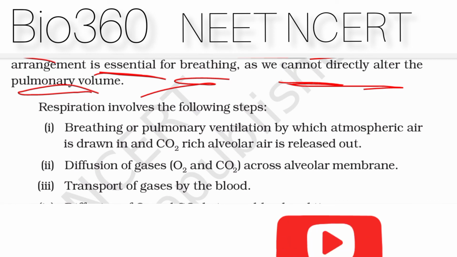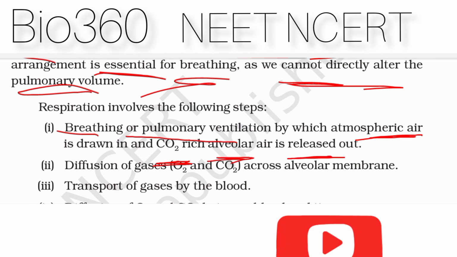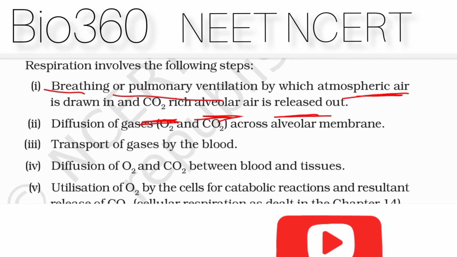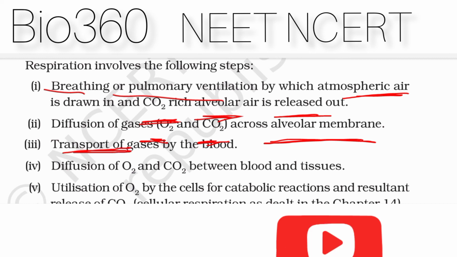Respiration mainly involves breathing or pulmonary ventilation. This is a process in which atmospheric air is drawn inside and carbon dioxide rich air present in the alveoli is released out. The second step is diffusion of oxygen and carbon dioxide across the alveolar membrane. The third one is transport of gases by the blood.